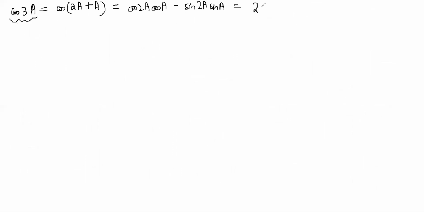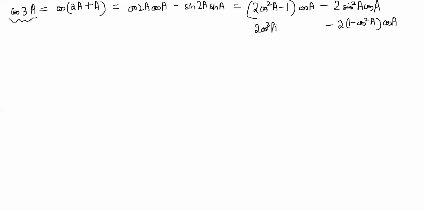So I'll write cos 2A as 2 cos square A minus 1 into cos A, minus 2 sin square A cos A, this one, and this one I'll write as 2 into 1 minus cos square A into cos A. So this becomes 2 cos cube A minus 1 cos A, then minus 2 cos A comes here and minus cos A is here. So minus 3 cos A, and this becomes plus 2 cos cube A plus 2 cos cube A. So 4 cos cube A minus 3 cos A is equal to cos 3A.